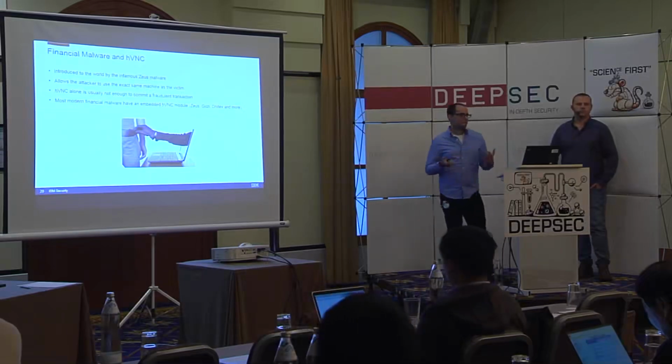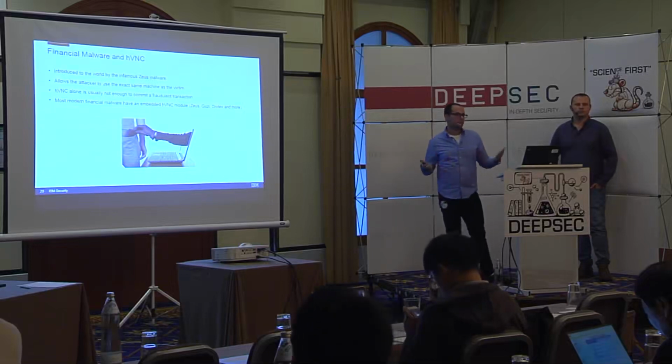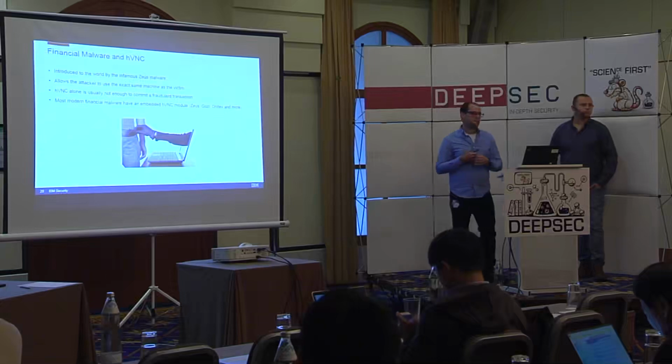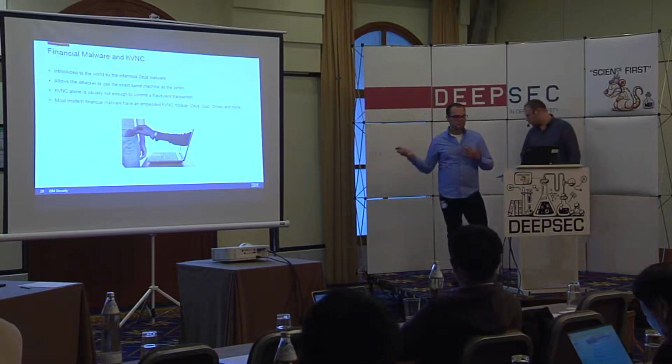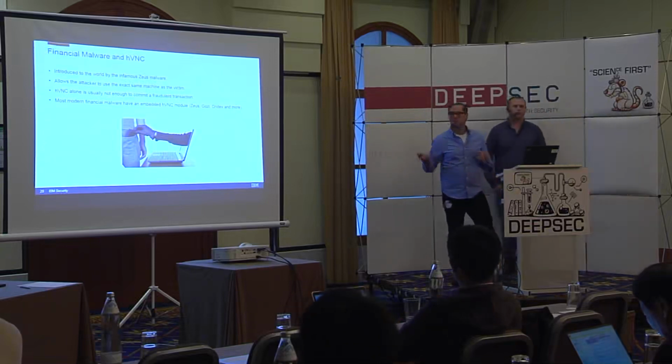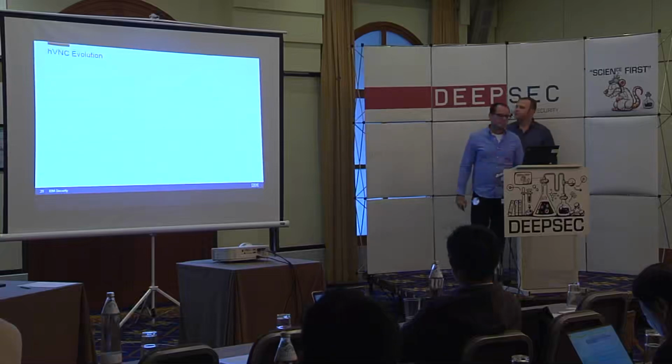Most modern financial malware use an embedded hVNC model. In general, if it's a good malware, it should have hVNC embedded in it. You can see it in Zeus, Gozi, Dridex, NeverQuest. Almost any good malware, or bad malware, should have an hVNC module.